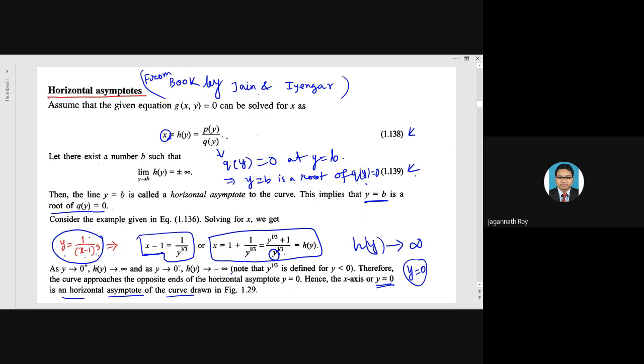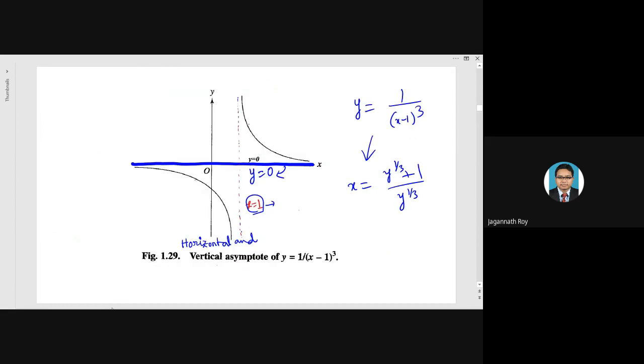So x is written in terms of y, and otherwise y is written in terms of x. Here it is f(x), here we call it h(y).